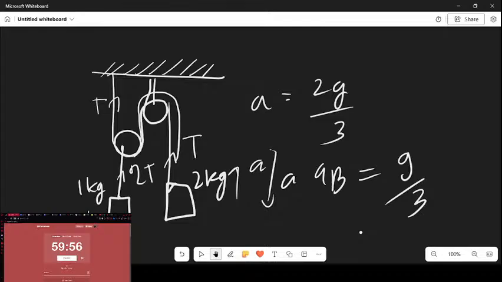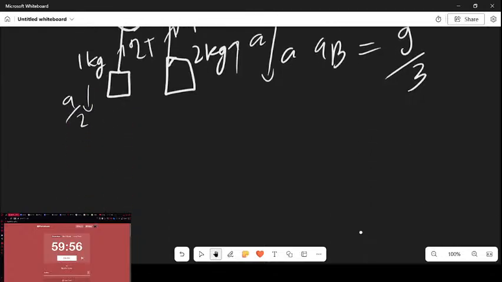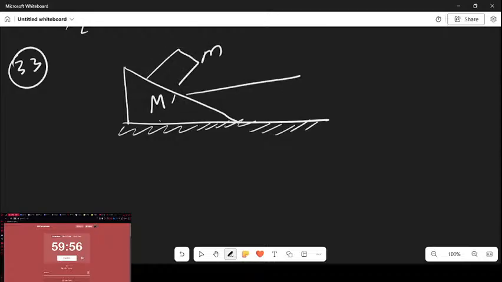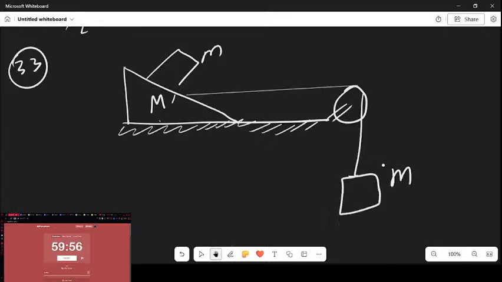This is a block of mass M kept at angle theta. Okay, it seems to be a good question.